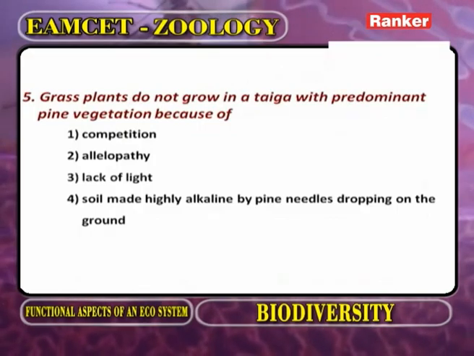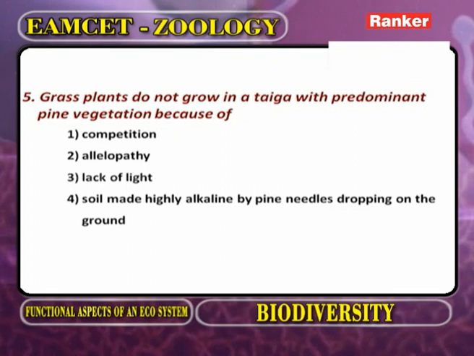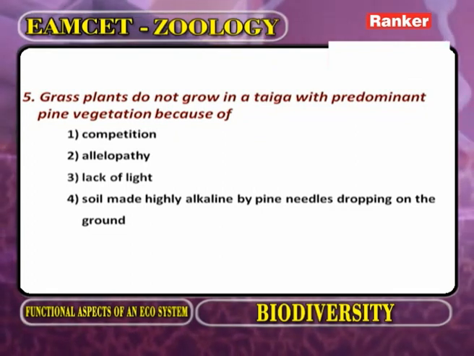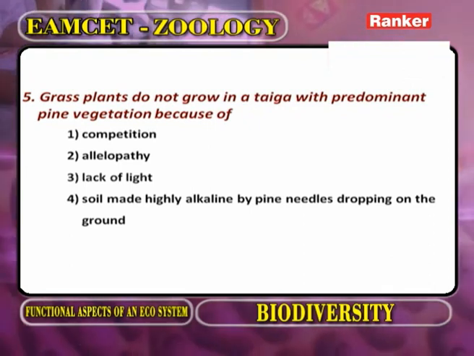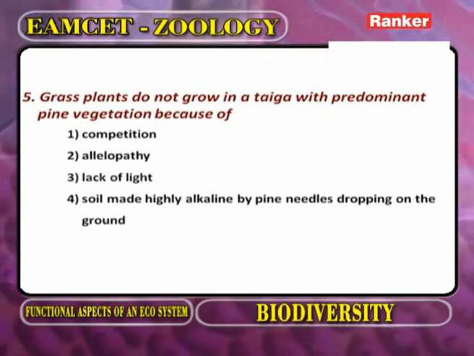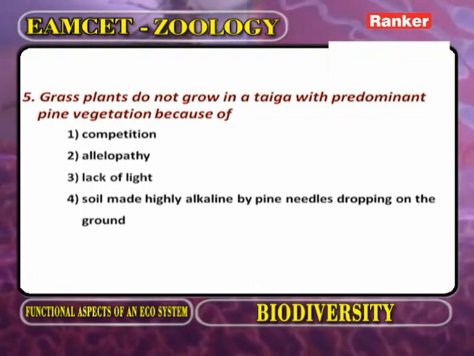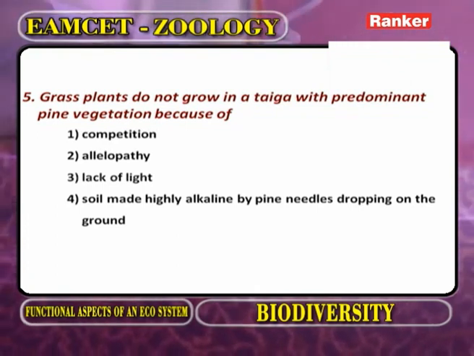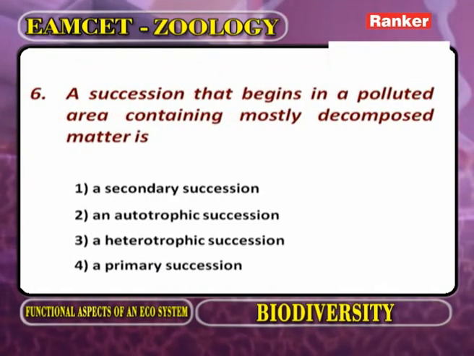Now the question is, grass plants do not grow in a taiga with predominant pine vegetation because of, one is competition, second one allelopathy, third one lack of light, the fourth one soil made highly alkaline by pine needles dropping on the ground. Now the correct nearest answer is allelopathy. Now we go for the next question.